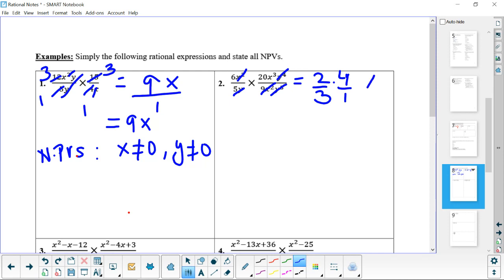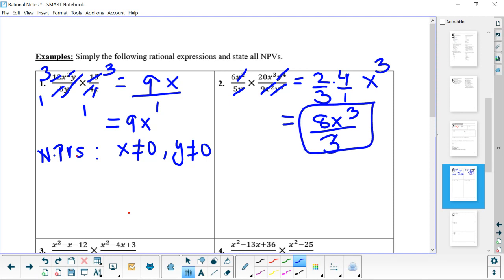And then we have x cubed in the numerator. So we'll get 8x cubed divided by 3 as our answer. Now let's determine our non-permissible values. Non-permissible values are x not equal to 0 and y not equal to 0.